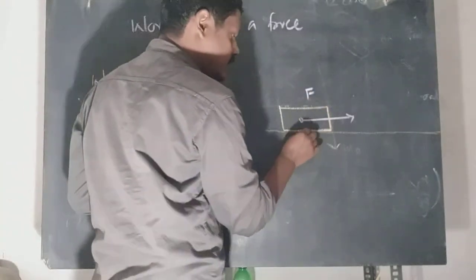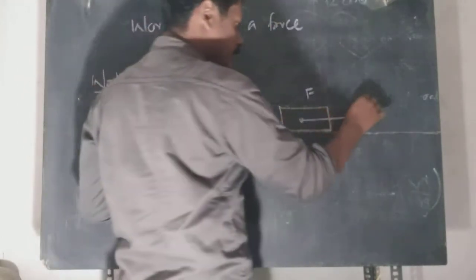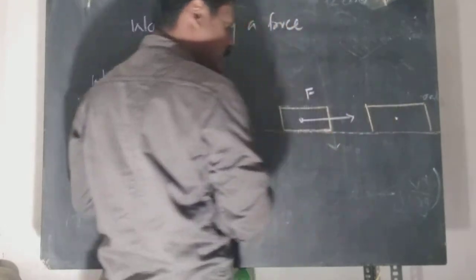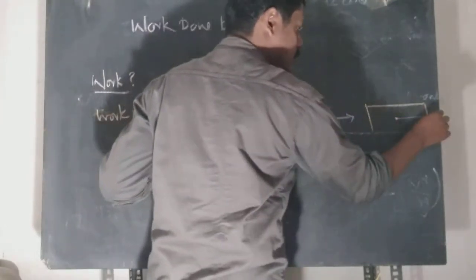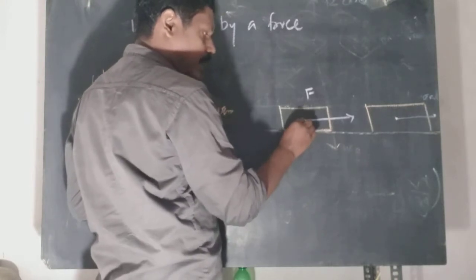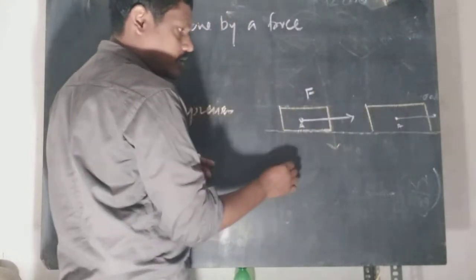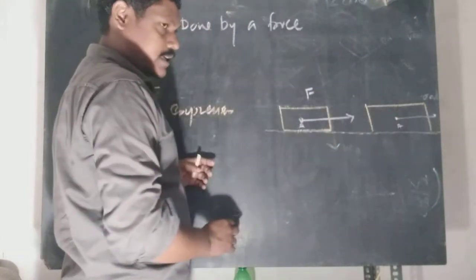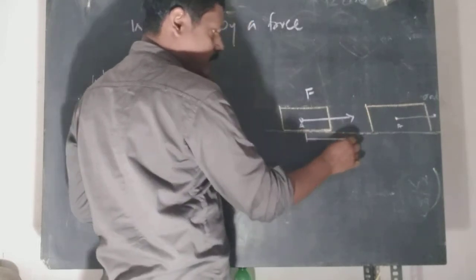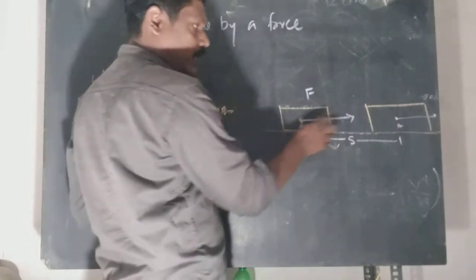So the body displaces to another point. So now, what is displacement? The object is applied with the force at this point A. Now the point A reaches another point, another orientation. So the displacement of the point of application of force is this much. This point moved to this point.